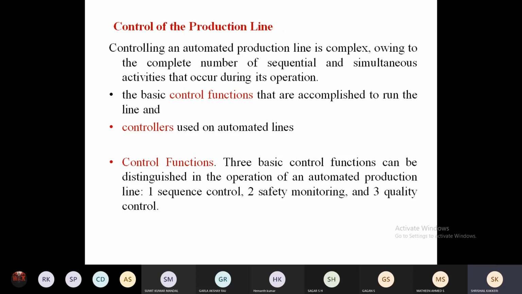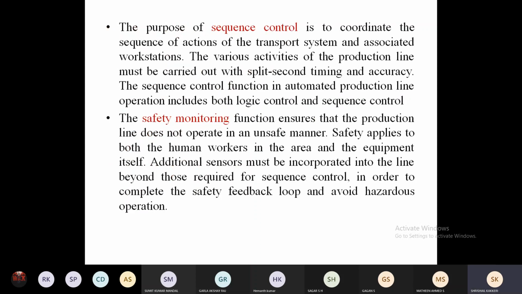Purpose of sequential control: as the name indicates, it is the sequence of operations. What operation is to be done first, what operation is to be done next at different workstations sequentially, will be controlled by sequential control systems. Just like in the case of our welding systems, for example, there are three welding robots.